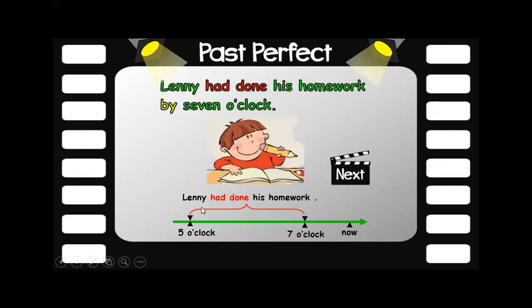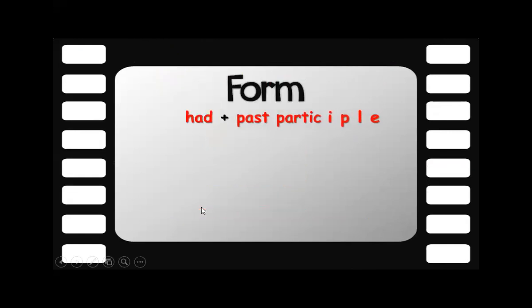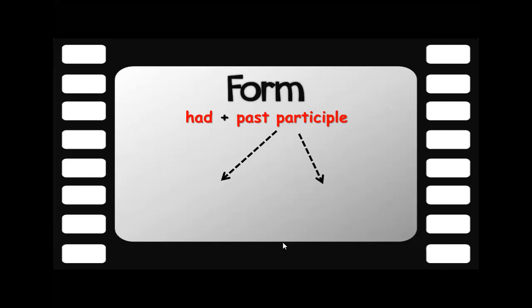Okay, Miss. Now, let's see how to form past perfect. We form it by using had plus past participle. What is the past participle? Who can tell me? Anyone? Hi, Ganna. The past participle is the third form of the verb.